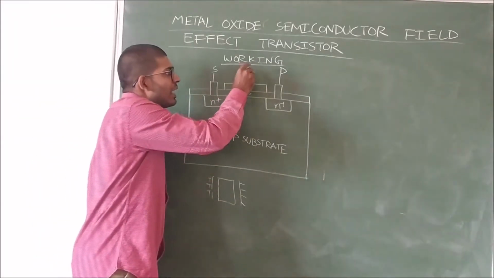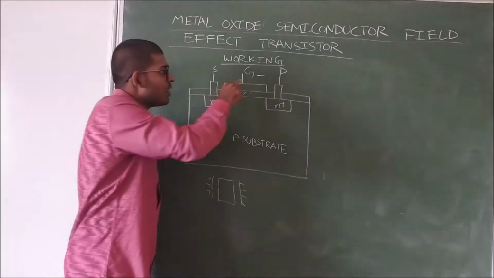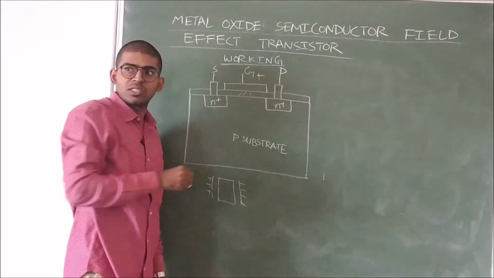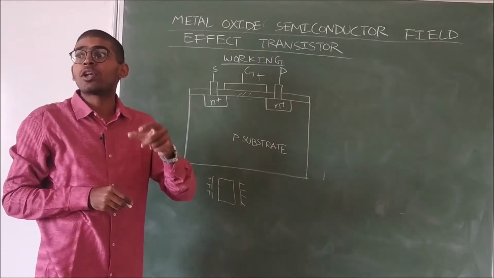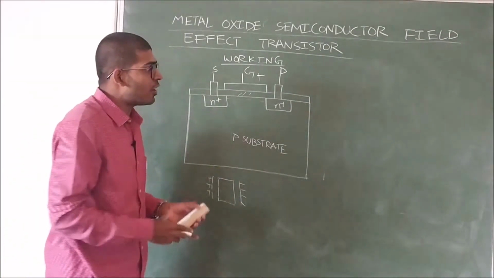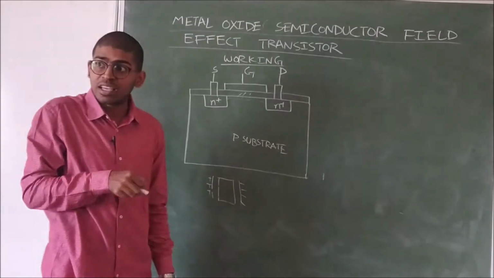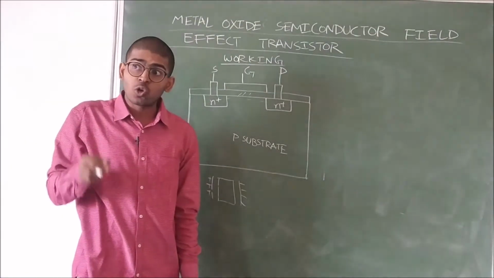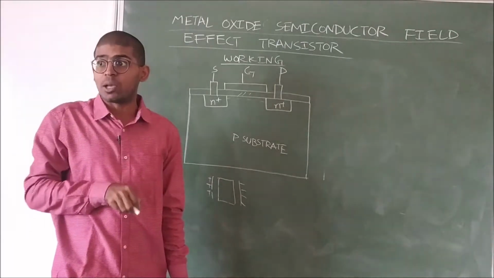When we give the negative supply to this gate, or when we give the positive supply to this gate, there is a difference in the working of the MOSFET. We will discuss that. In JFET we only connect the negative supply to the gate, but MOSFET gives us a provision: not only can we give the negative supply, but also the positive supply.